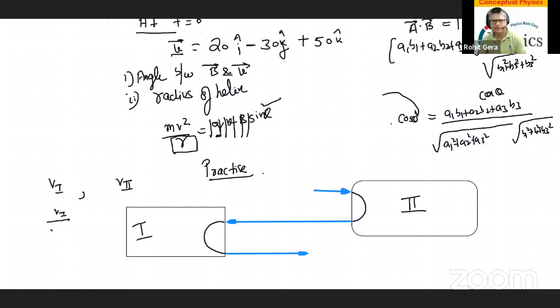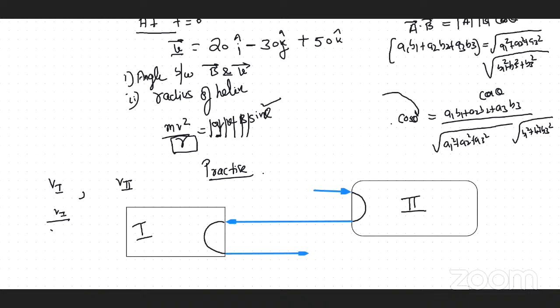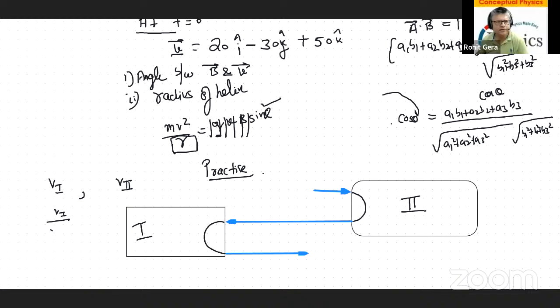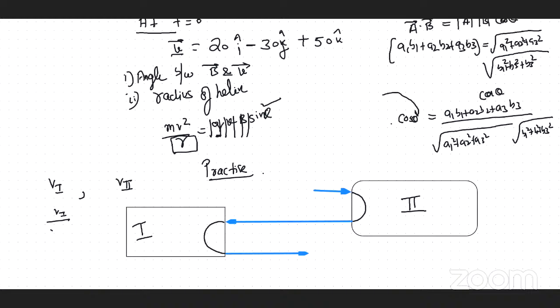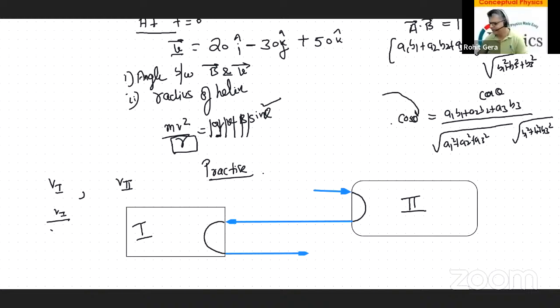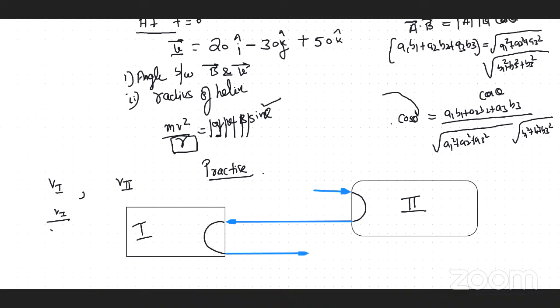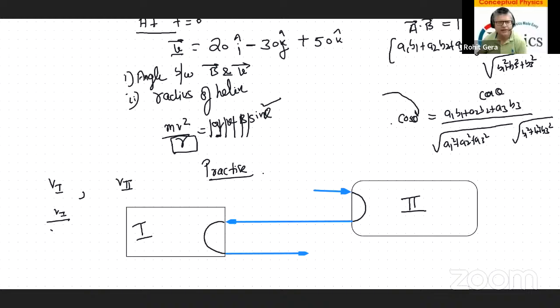Now what happens is you have a situation where two charges are projected inside it, one and two. Once you project them inside and they are practically parallel to each other, there is no gap between them, right? It is shown like this only to display, but they are overlapping, on the same line, coming together.